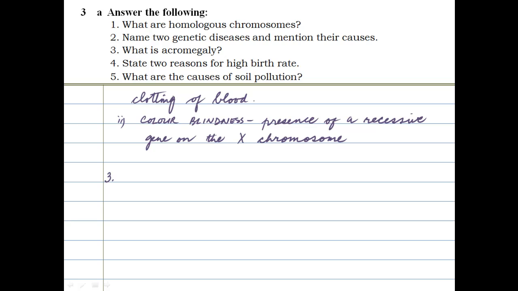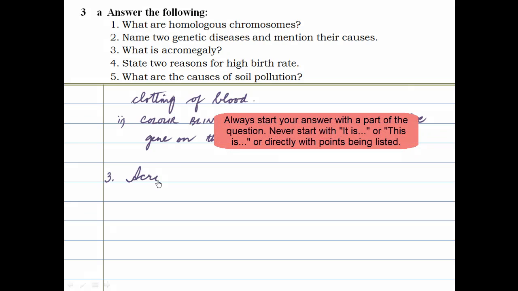What is acromegaly? If you remember, it has something to do with the growth hormone, oversecretion of it, and that too in adults. So, put down acromegaly. Put a part of the question always down in your answer. So, do not start with it is.